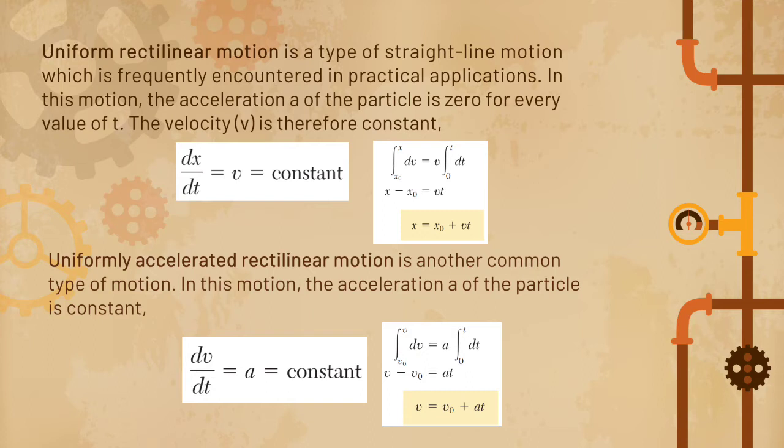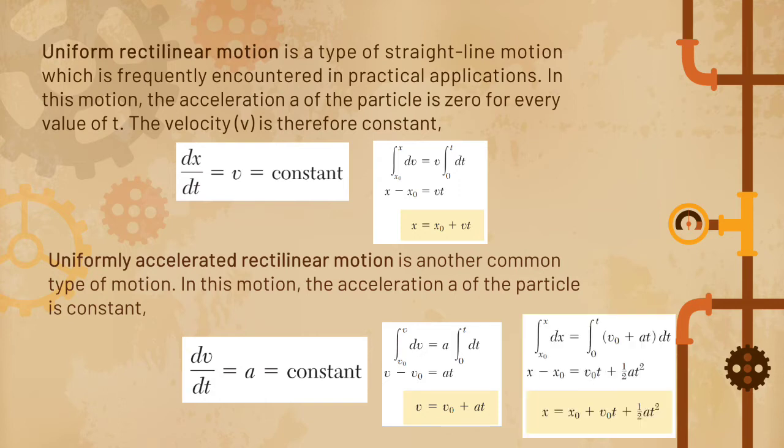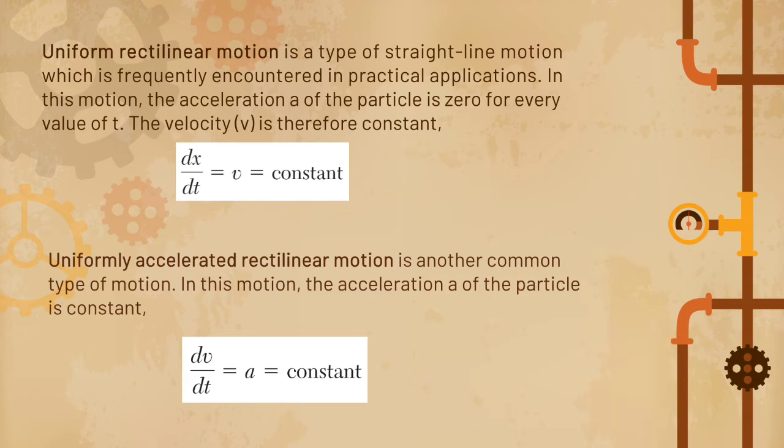Substituting for v in the equation v is equal to dx over dt, we write dx over dt is equal to v sub 0 plus a times t. Denoting by x sub 0 the initial value of x, and integrating, we get x is equal to x sub 0 plus v sub 0 times t plus 1/2 times a times t squared.